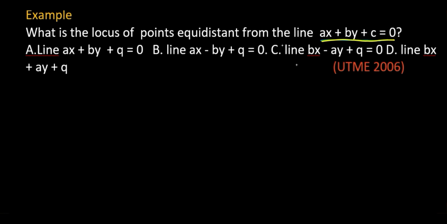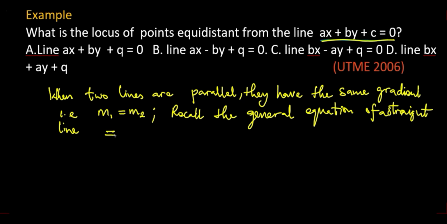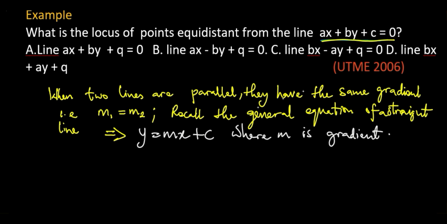For two lines to be parallel, the gradient, or slope, must be the same. So when two lines are parallel, the slope of the first one, m1, will be equal to the slope of the second line, m2. We should recall the formula for the equation of a straight line, y equals mx plus c, where m is the gradient.